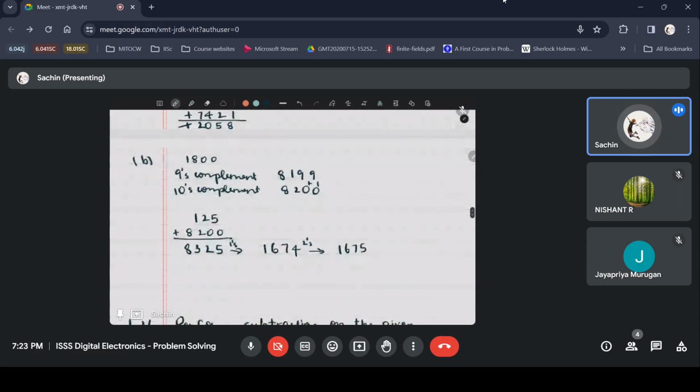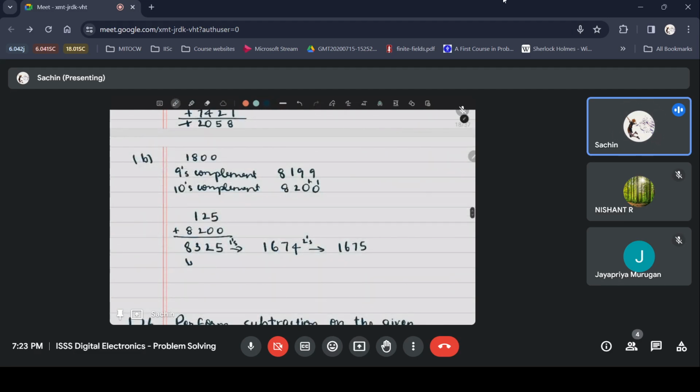One more thing here is, how do I know in a binary number system, if there's 1 in the MSB, then it's a negative number in 2's complement form. If there's a 0 in the MSB, then it's a positive number. How do I check that in a decimal number?